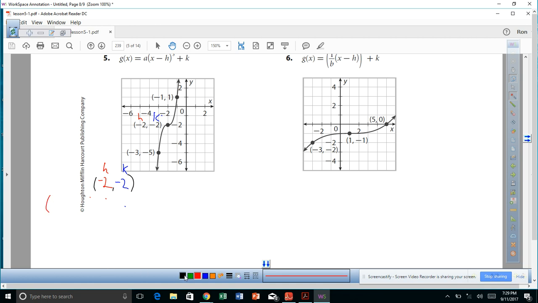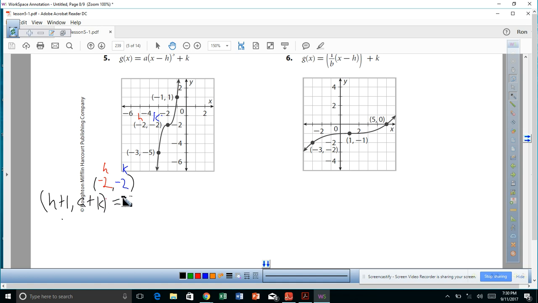What was that point 1, 1 supposed to be? That was supposed to be h plus 1, and then a plus k.